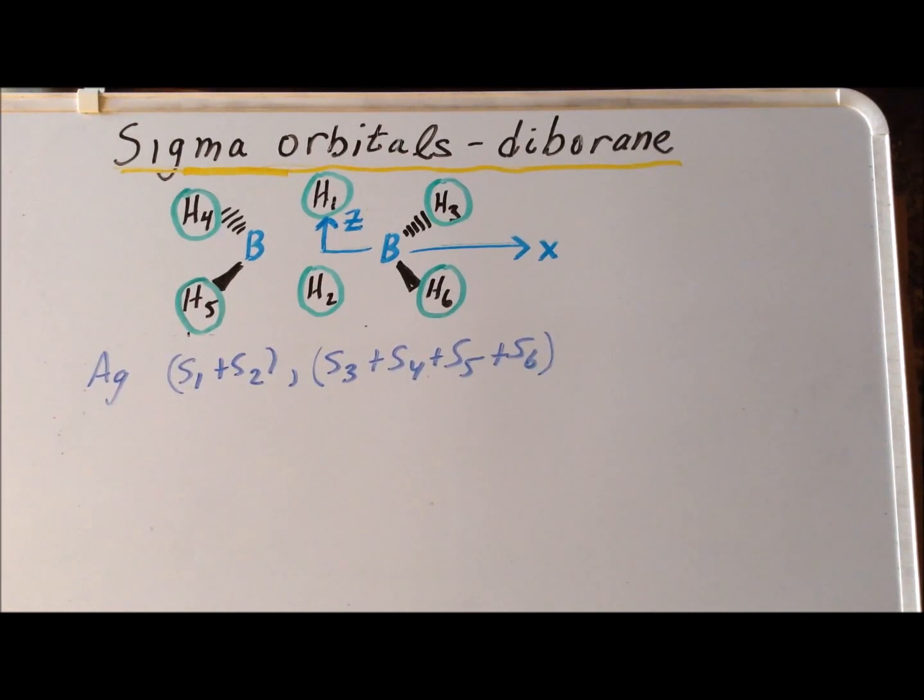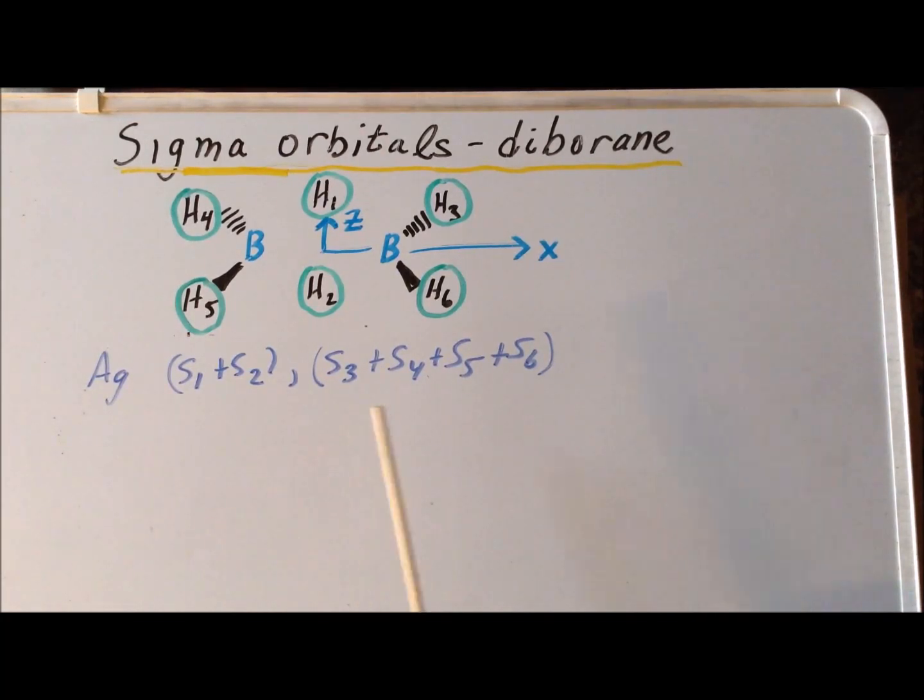How we can interpret these mathematical expressions is as follows. If they're combined with a plus sign, that tells us that the orbitals have the same phase relationship. If there is a minus sign, that tells us that the two expressions connected by the minus sign have opposite phase relationships.